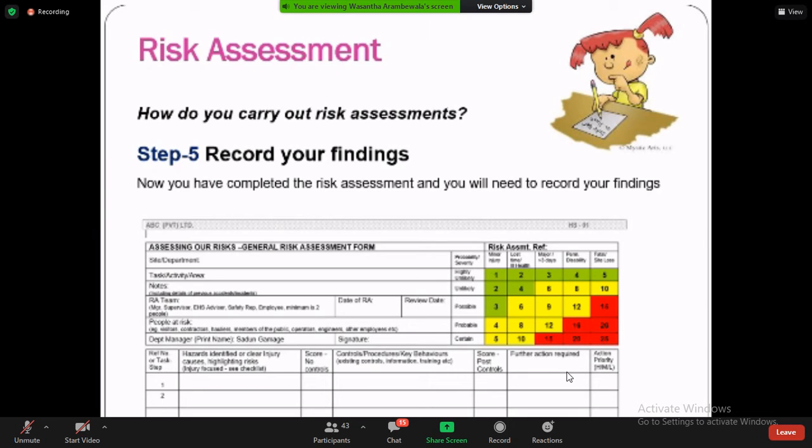Definitely, I will put that in as your individual assignments. As part of this exercise, you may have to do an individual assessment, then forward it to me.